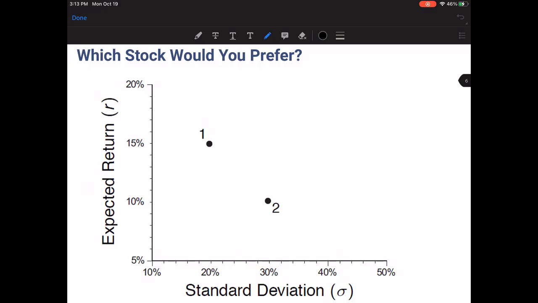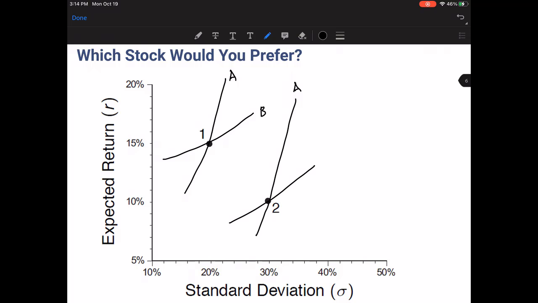So let's draw an indifference curve that's steep, and call that investor A. And then let's call investor B the following indifference curve that is flatter. And then let's draw the dotted boxes just to make sure it's obvious that one portfolio is dominating another portfolio.